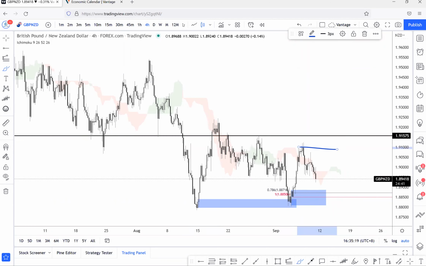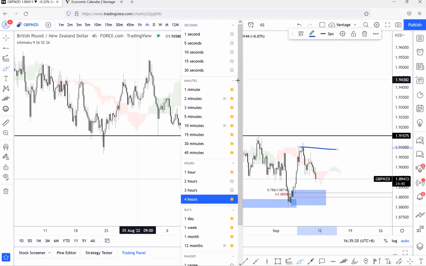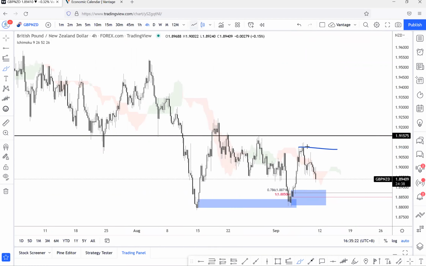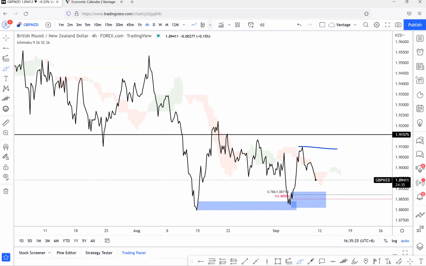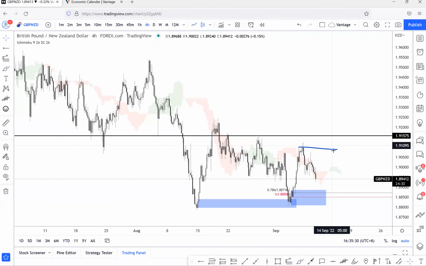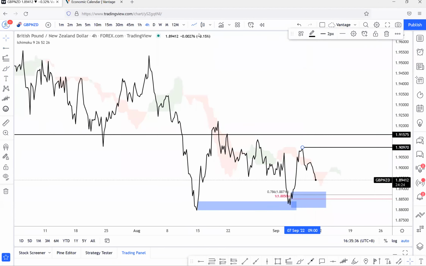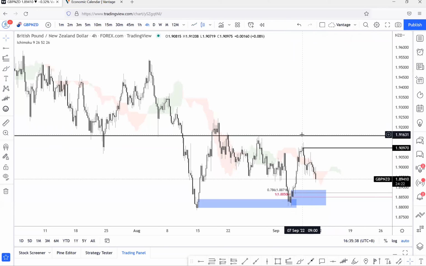You can put it in close if you want to, to capture the move here. This is what we have on the H4. This would be the initial target for me, and also where I will close partials and move to break even. So this is on Pound Kiwi.